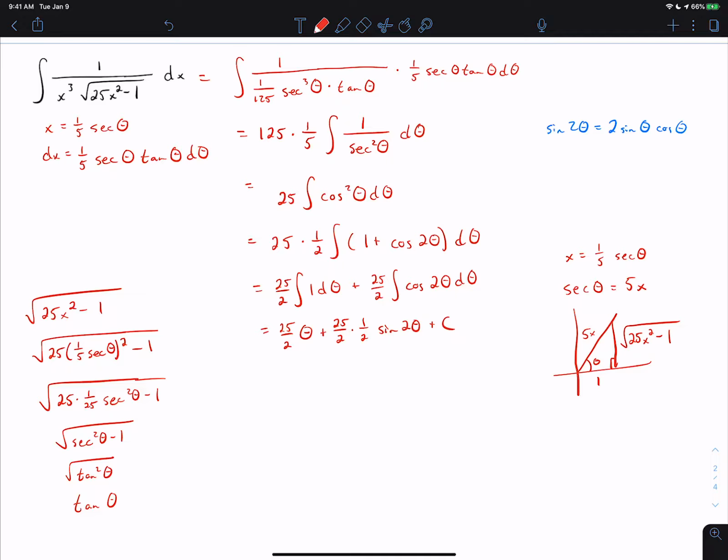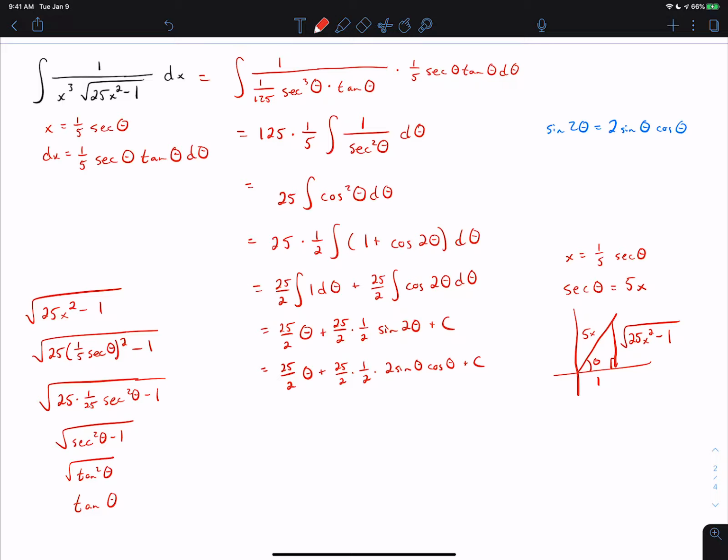So then we are going to replace that with its identity. And so we've got 25 halves times 1/2 times 2 sine theta cosine theta plus c. We do that because sine theta and cosine theta can be obtained just from the diagram.